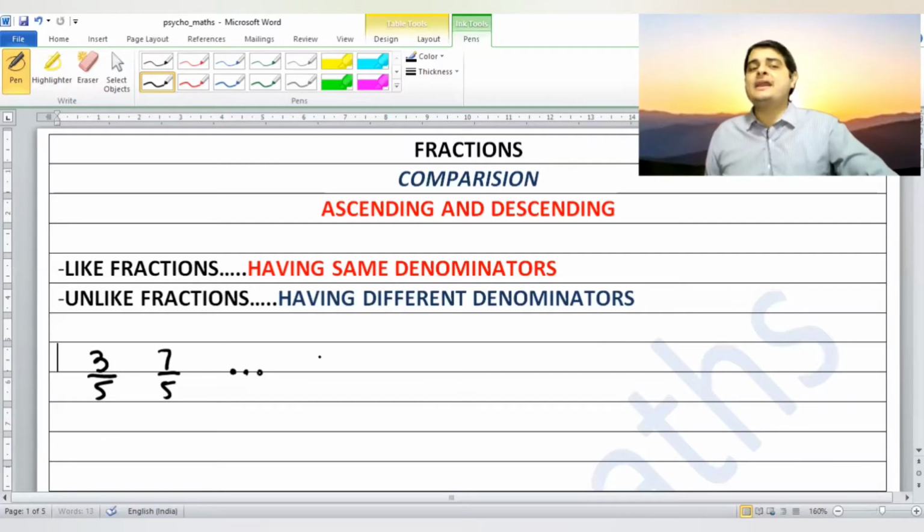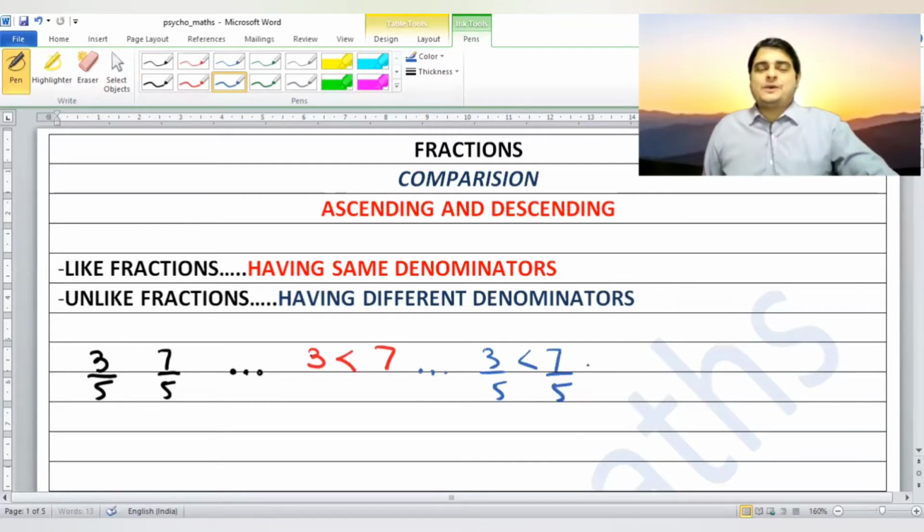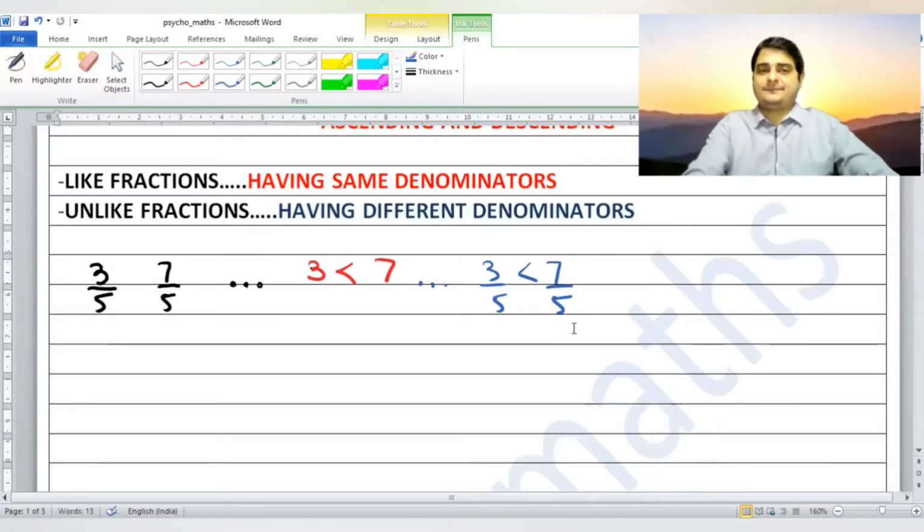Just compare the numerators. Check, 3 is less than 7. So 3 by 5 is less than 7 by 5. The like fraction questions are very simple and easy to understand.